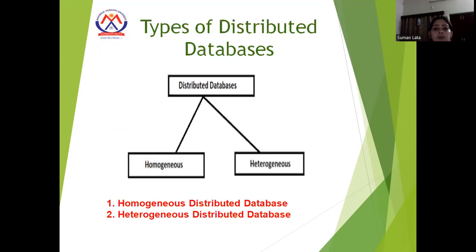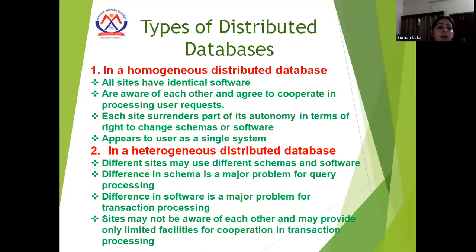Now, types of distributed databases. There are two types of distributed databases: one is homogeneous and the other is heterogeneous distributed databases. First of all, I am going to start with homogeneous distributed databases. Homogeneous means same.